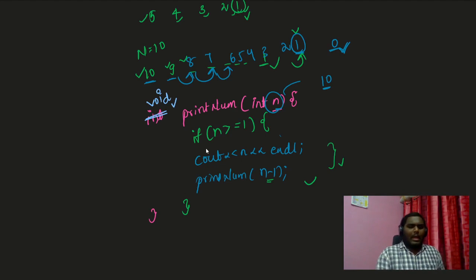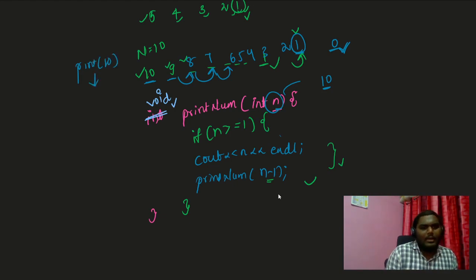Okay, and now this is done, right? So let's see how this has been called. Now let's see the recursion tree. The recursion tree shows how the function calls have been made, so that you can easily visualize the stack. Let's say first you have called print 10.